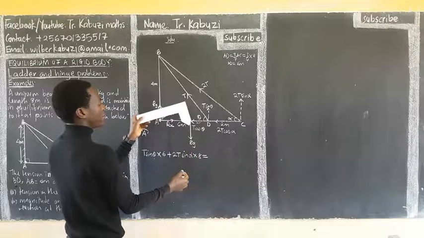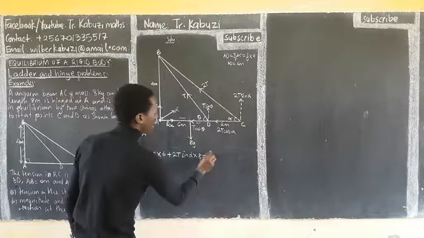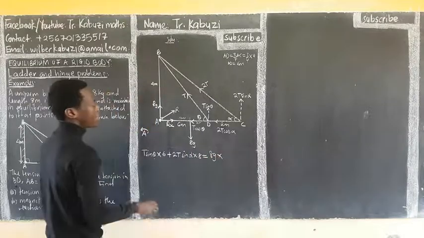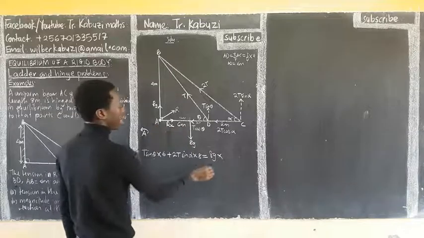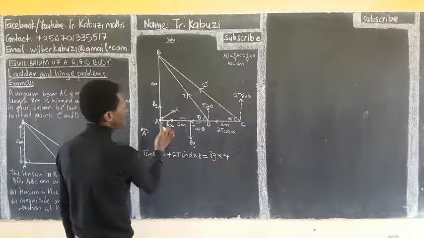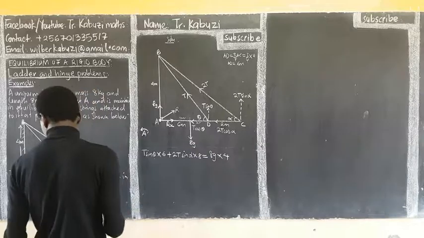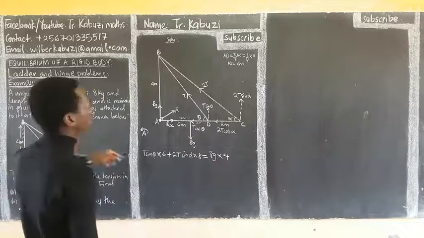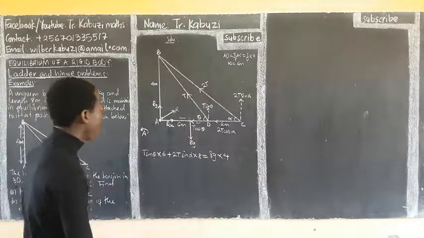So we have 8g times the distance from here up to here, which is 4 meters, because this is the weight and the rod is uniform, so the weight will be acting in the middle.